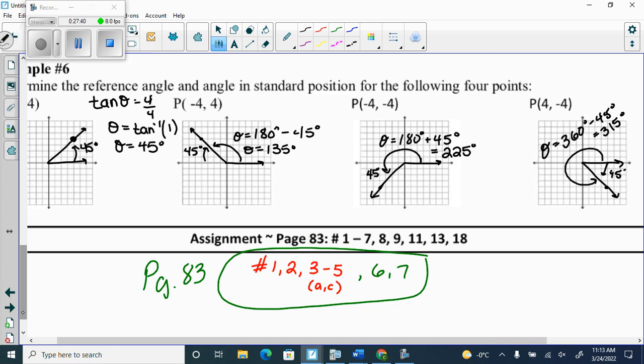We're adding to it. Okay, page 96. It's not 83. Page 96.